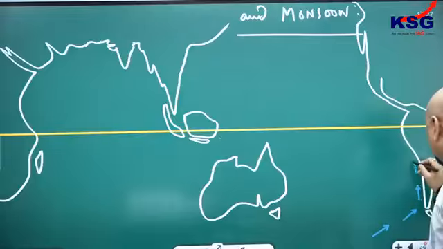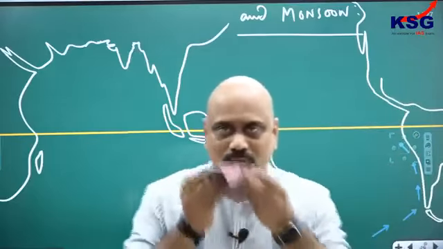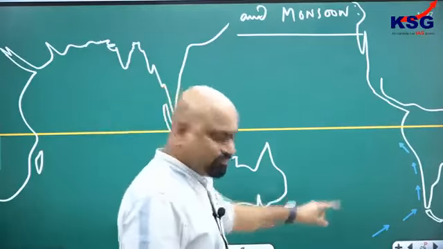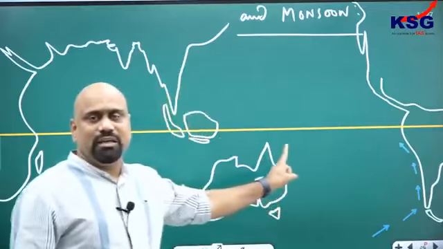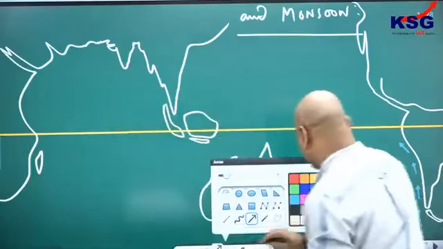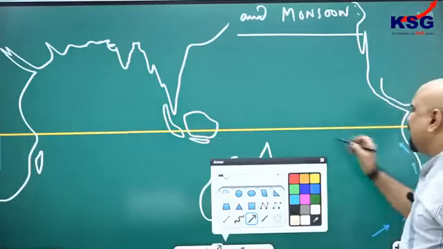We know that here is a cold oceanic current, and this cold oceanic current is called the Humboldt current. This Humboldt current is a cold current, but sometimes this current is replaced by another one.